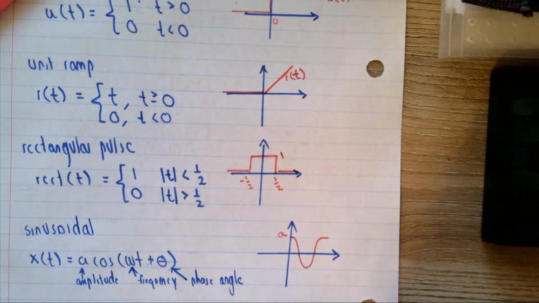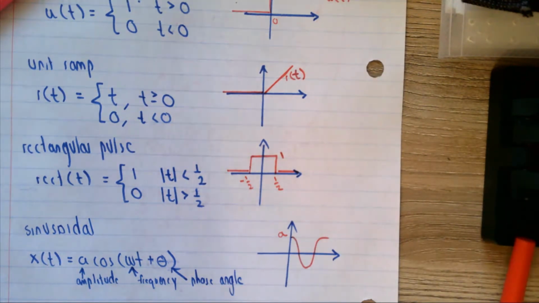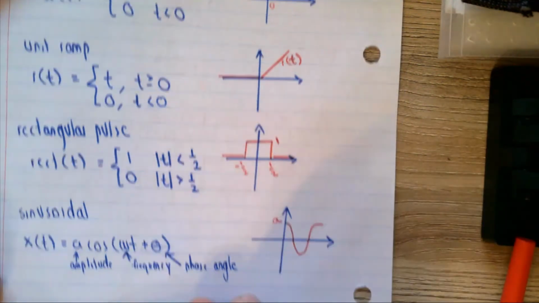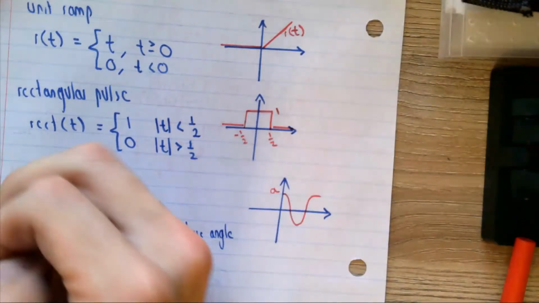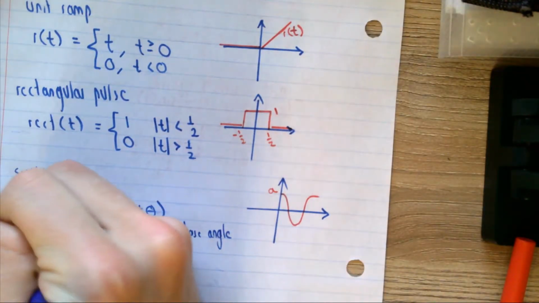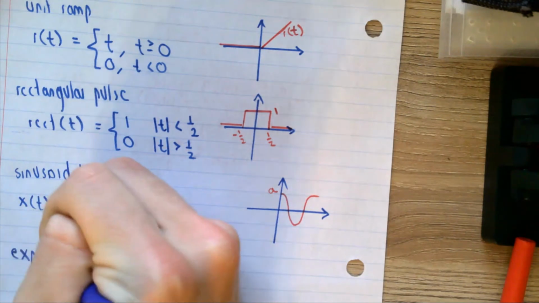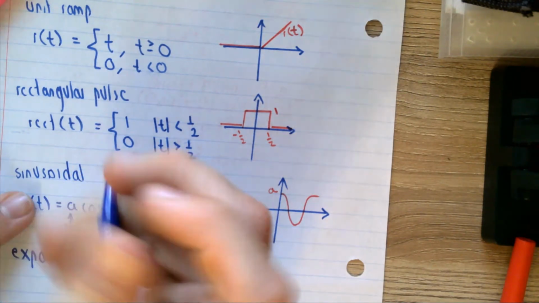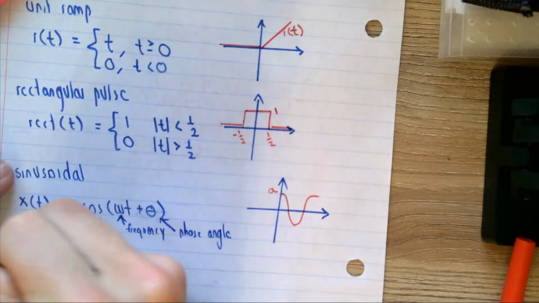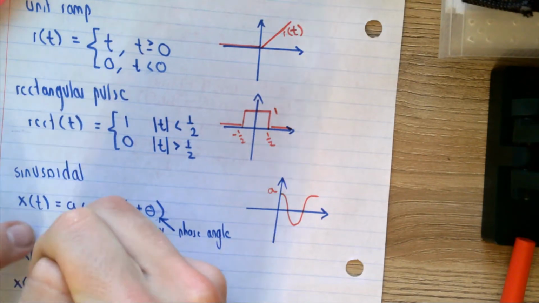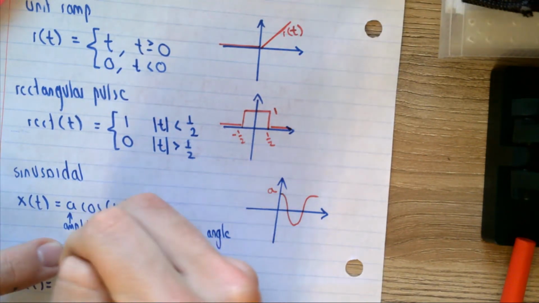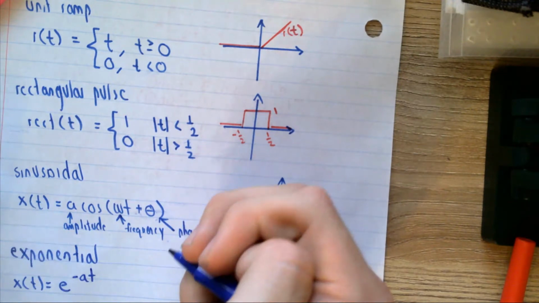Now that we talked about sinusoidal, the next one you need to be familiar with is exponential. So exponential looks something like this, where x of t is equal to e to the negative a t. And a symbolizes the speed of decay.